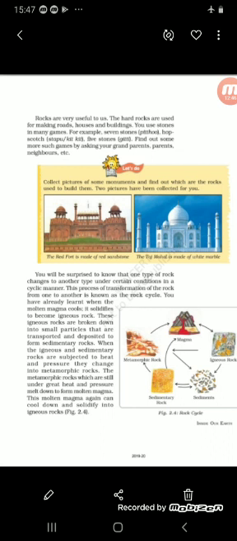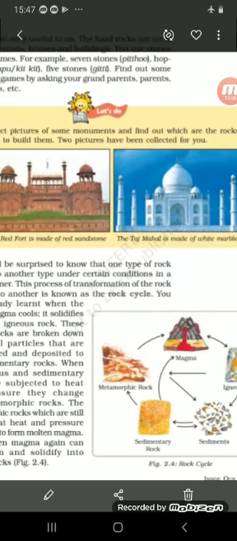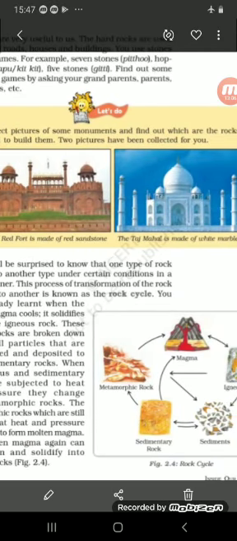Okay, rock cycle, figure 2.4. First, magma. Then igneous rock, then sediments, then sedimentary rock, then metamorphic rock, then again magma.